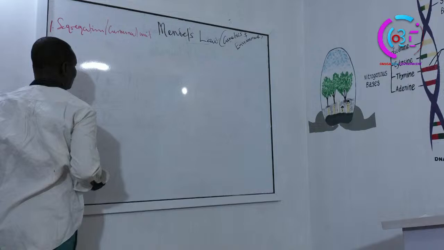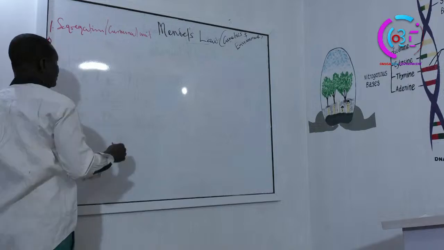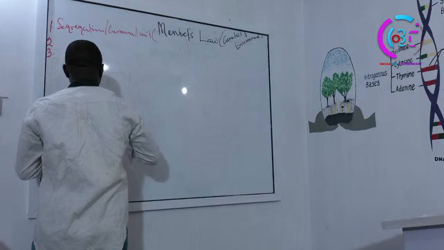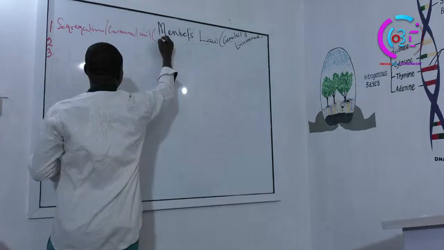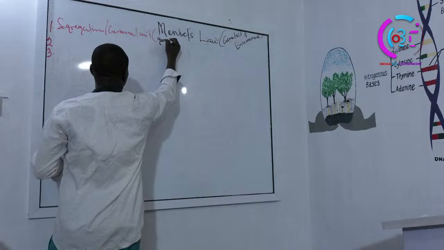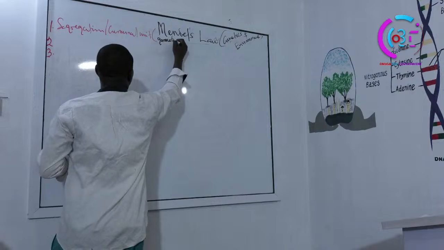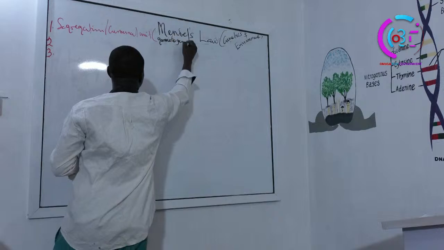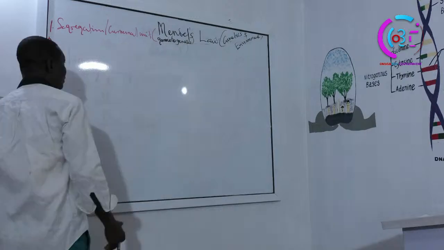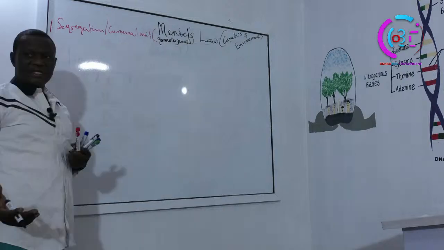So this is exactly the law that is talking about meiosis, that is the formation of gametes, by the process called gametogenesis, that is the coming together of two different gametes.